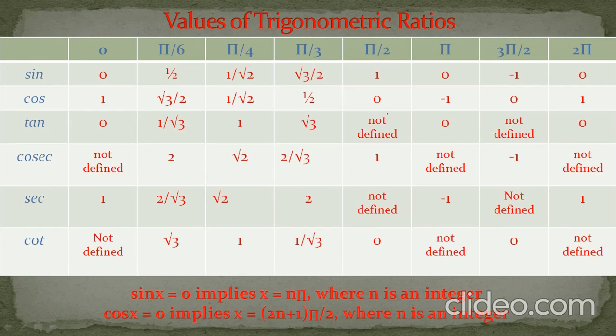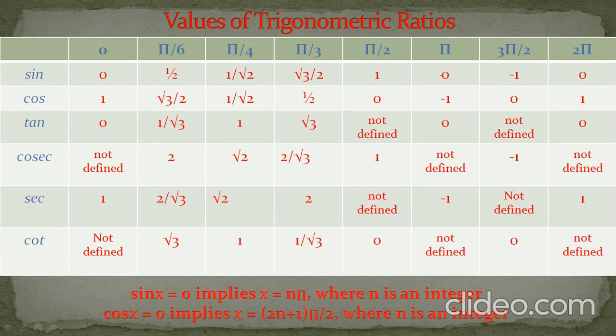Now pi by 2 tak we have done. Now from here onward, for the angles pi, 3 pi by 2 and 2 pi, how to get the values? Just see. For pi, we have to take the negative of values of 0. जो 0 की values थी सभी ratios की, अगर हम उनका negative लें तो we will get the value for pi.